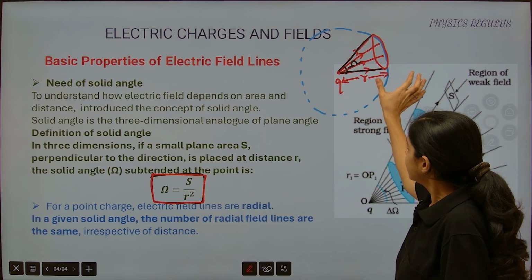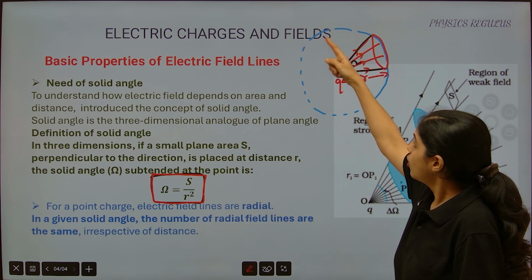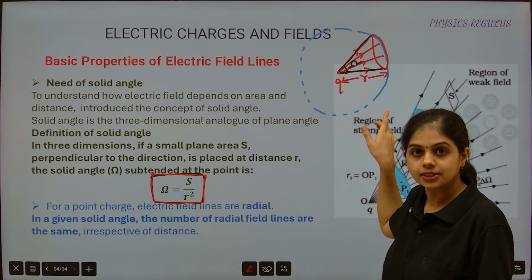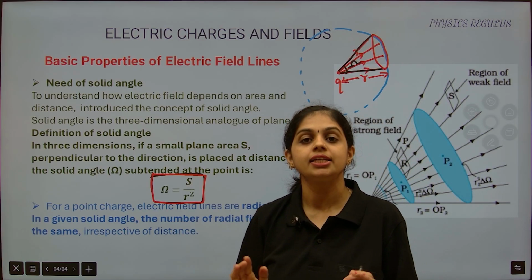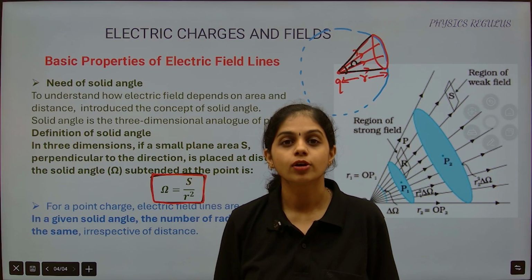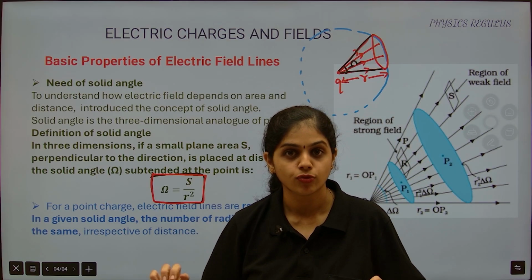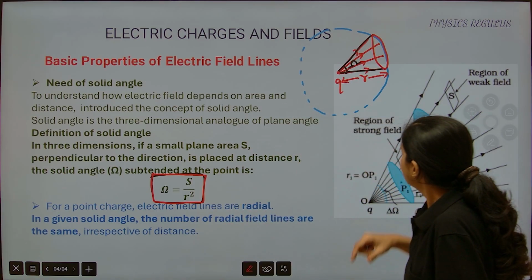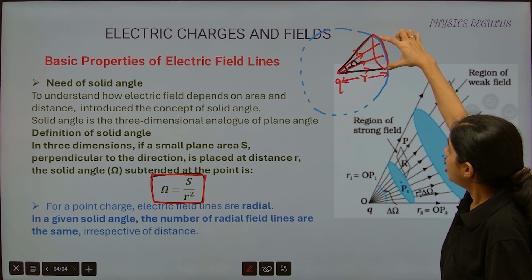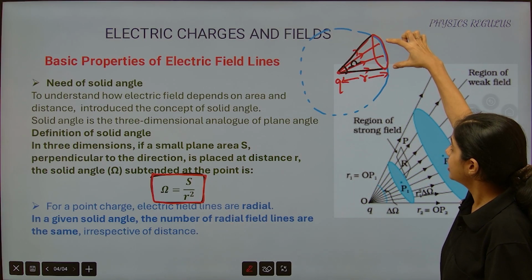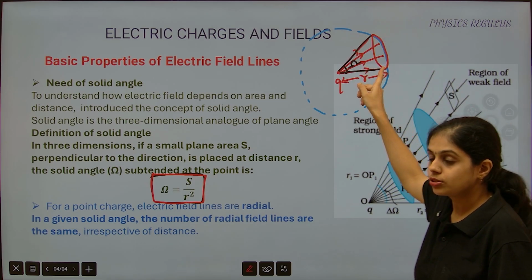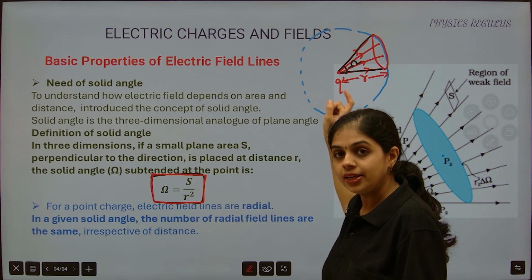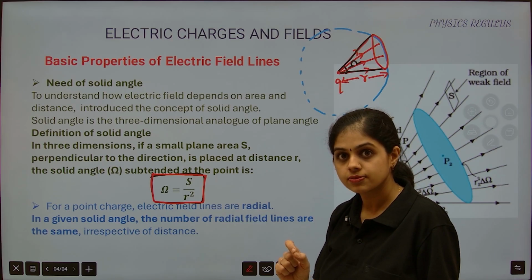As distance increases, radius of our imaginary sphere increases and surface area of the sphere increases as R square, because surface area of the sphere is given by 4 pi R square. Hence, area of this spherical surface increases as R square. But number of field lines crossing this area will be same, that is constant.